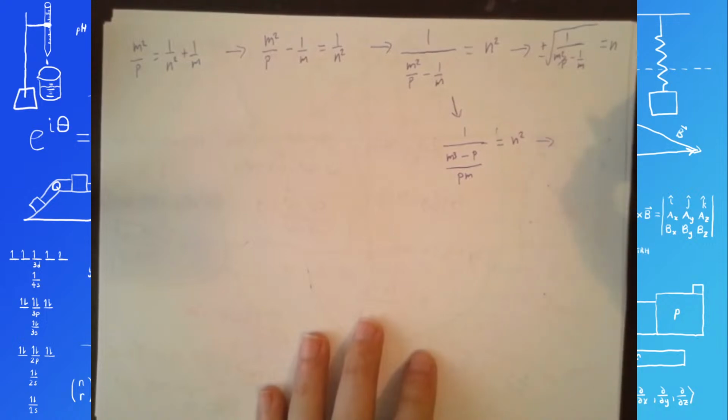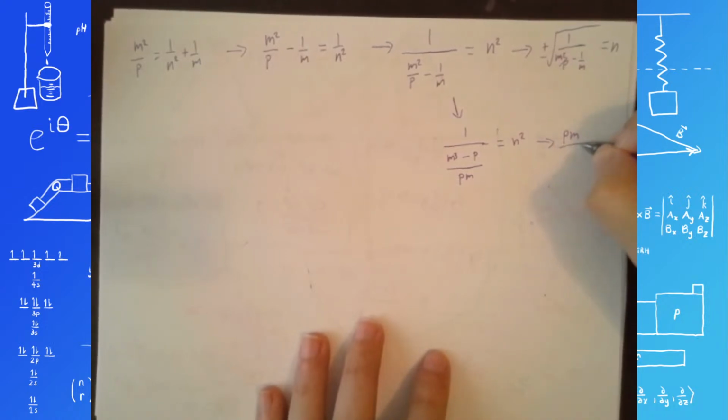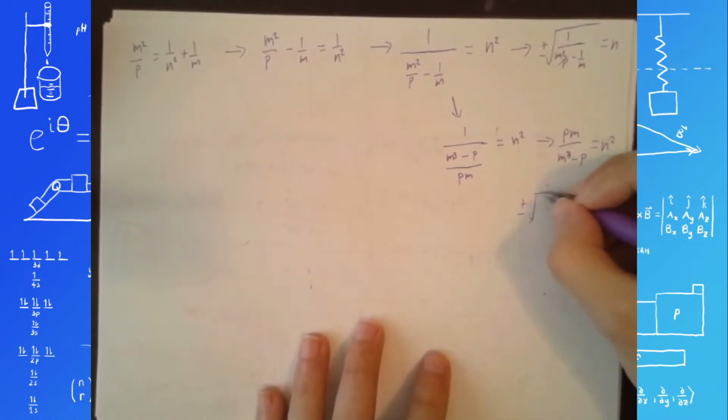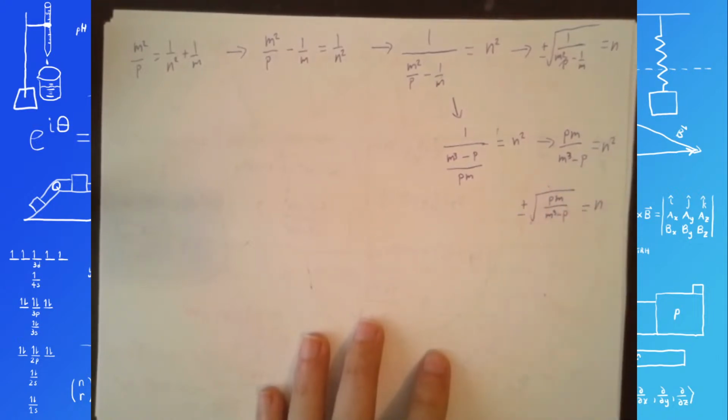And then from there we can write pm over m cubed minus p equals n squared, and then we can square root: n equals plus or minus the square root of pm over m cubed minus p.